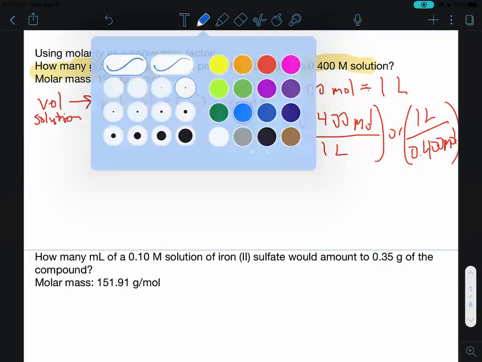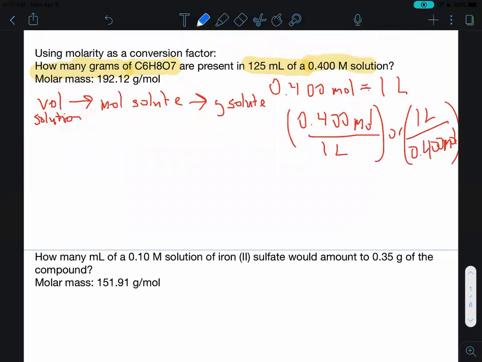And what are we going to use for each of these steps? For the first one, we'll use molarity as our conversion factor. And here we're going to use the normal molar mass. All right, so here's our roadmap and our steps. I need to convert this volume to liters first, so I'll move the decimal place over 3 to 0.125 liters.